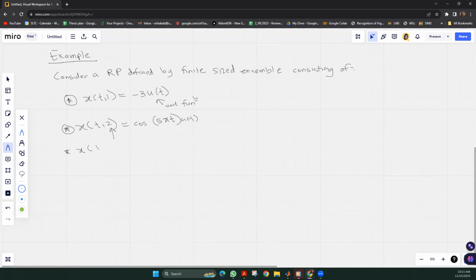Thirdly, x(t, 3) equals 2t u(t). Fourth one is x(t, 4) equals 2 sin(6 pi t) plus 0.2.